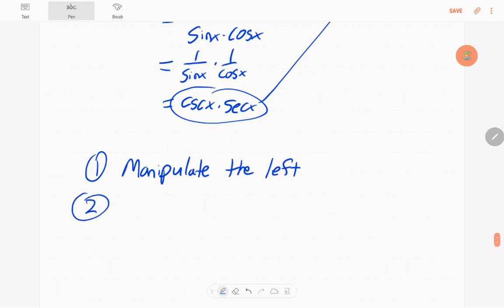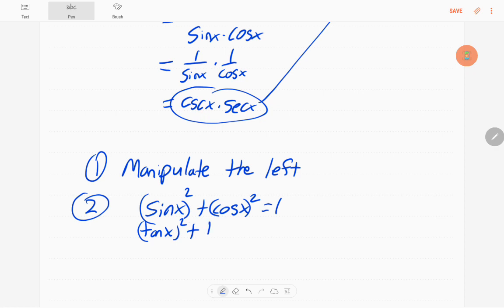Another thing is, remember you have those 3 trig identities. You have sine of x squared plus cosine of x squared equals 1. You have tangent of x squared plus 1 equal to secant of x all squared.